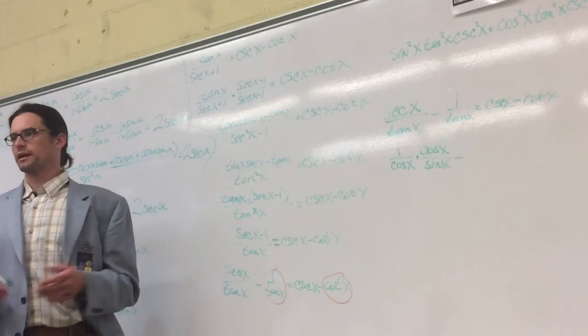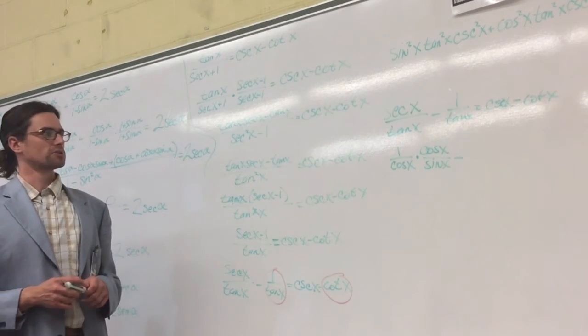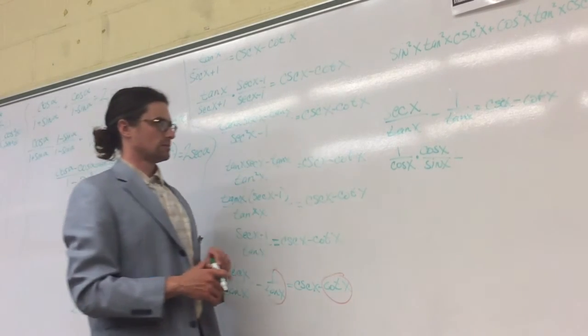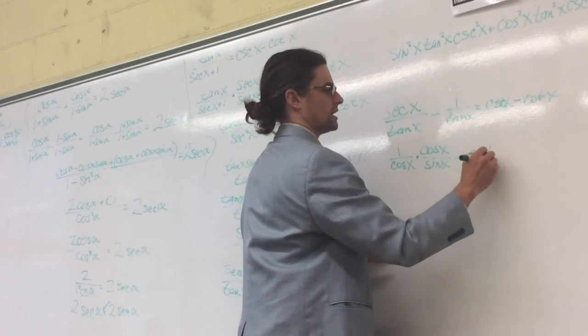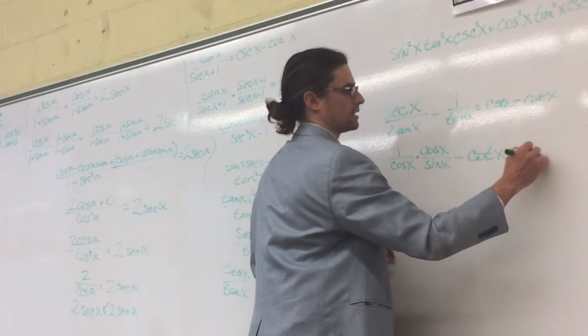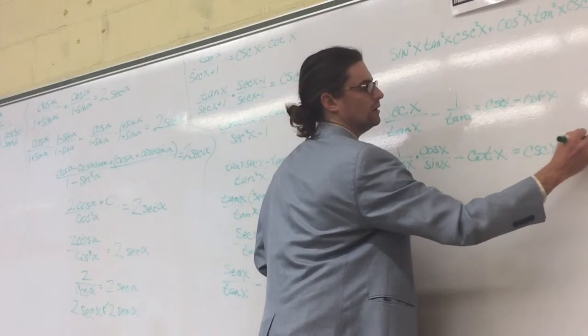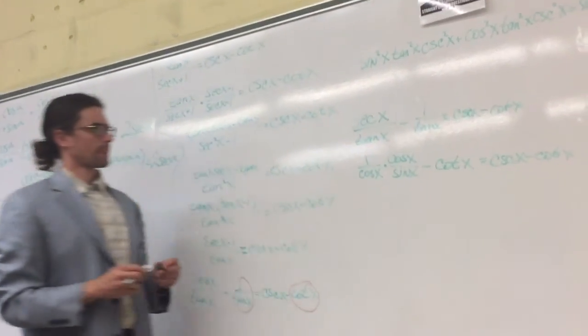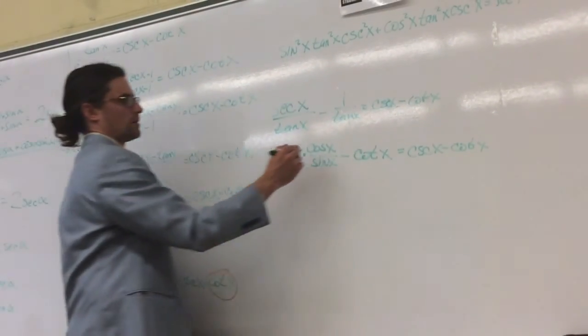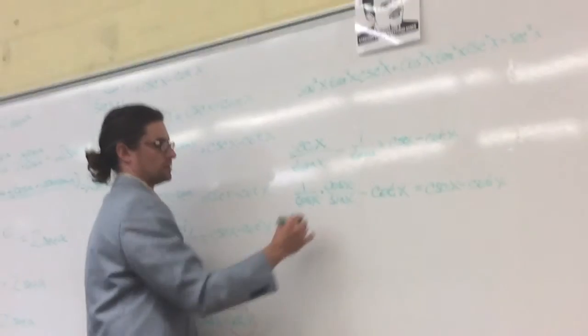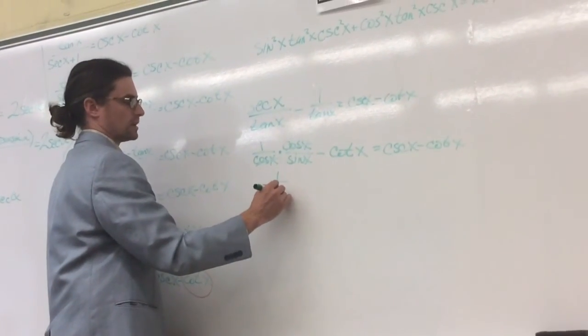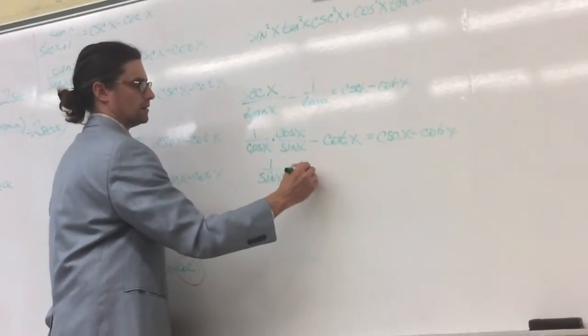We might as well do it now because it's going to make us feel like we're really close to our goal. What's 1 over tangent x? It's cotangent x, so we got that part taken care of. When we have 1 over cosine times cosine over sine, the cosines are eliminated. We're left with 1 over sine.